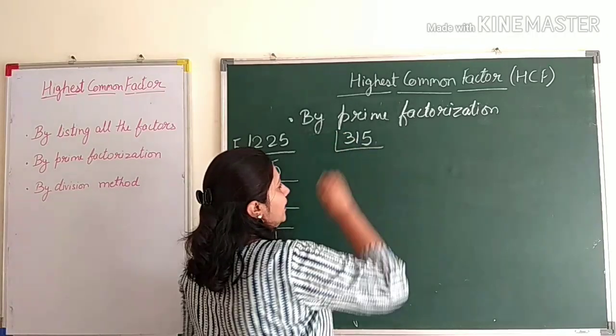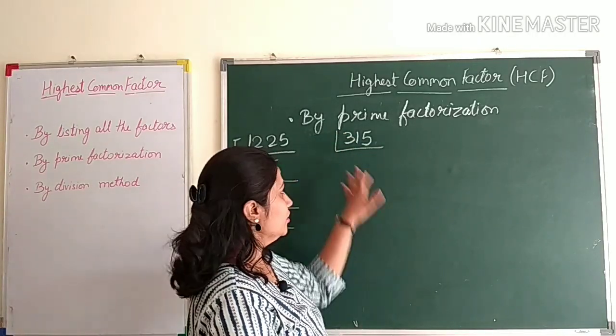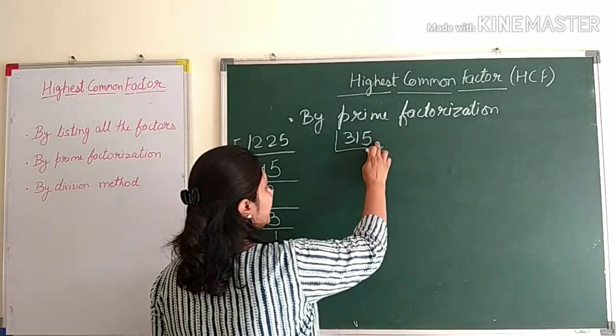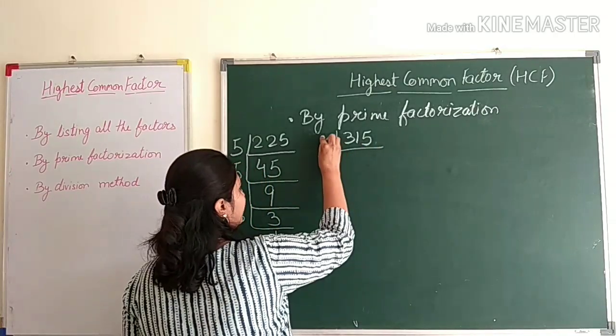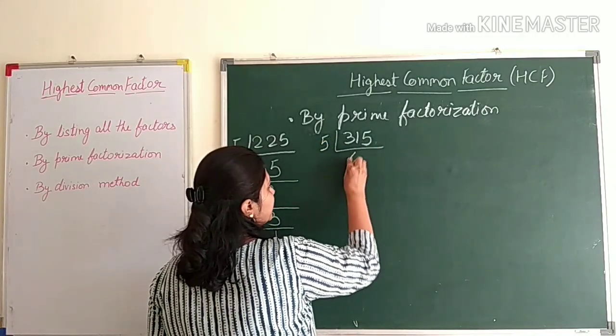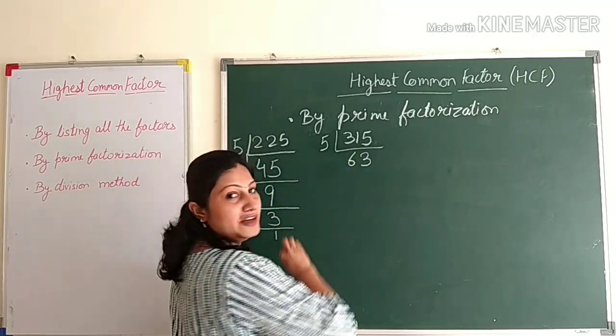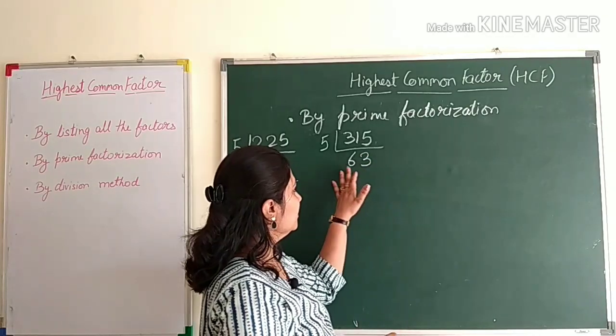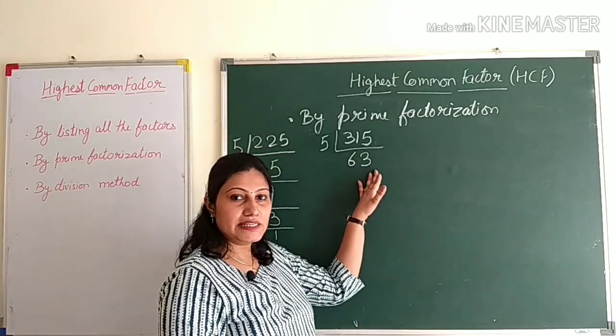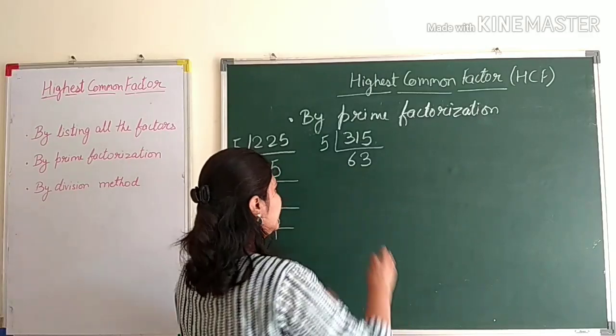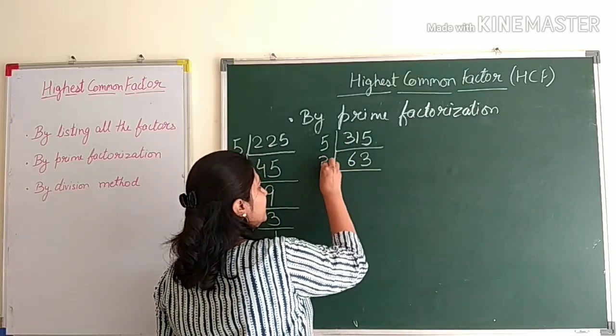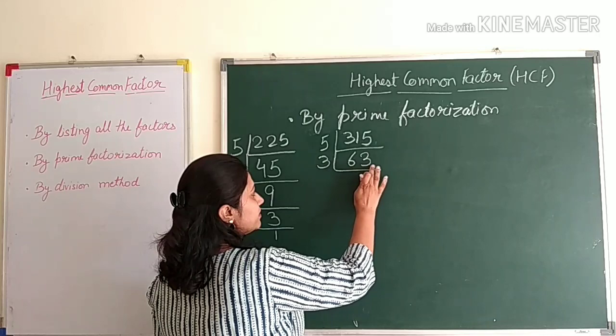Now let's find out the prime factors of 315. Again it is ended with 5. So I can divide it with the 5. So 5 6s are 30 and 5 3s are 15. Here you can see this number can be easily divisible by 3. So we can take the number 3. I can divide 63 with the 3.